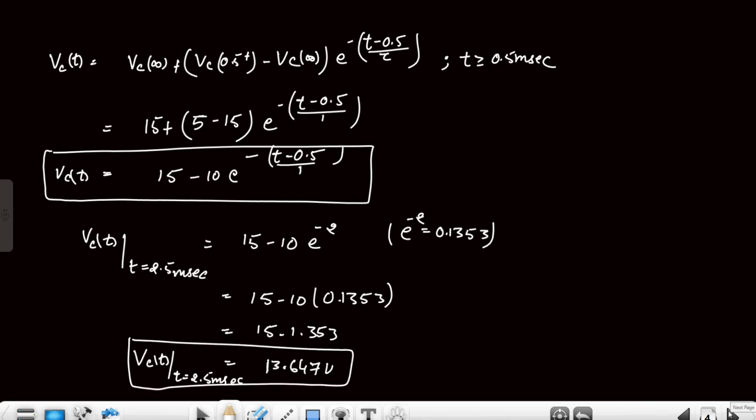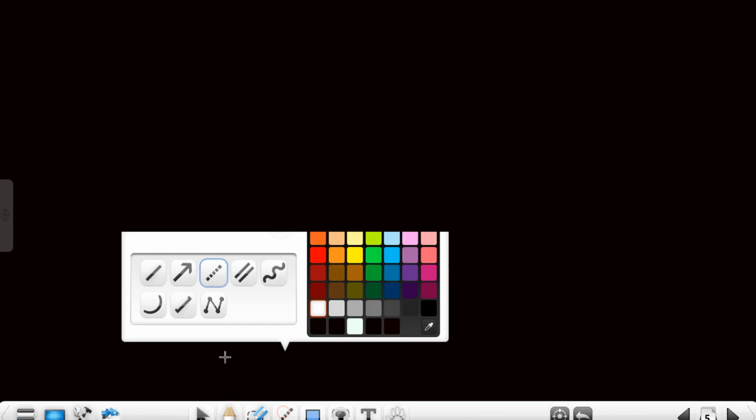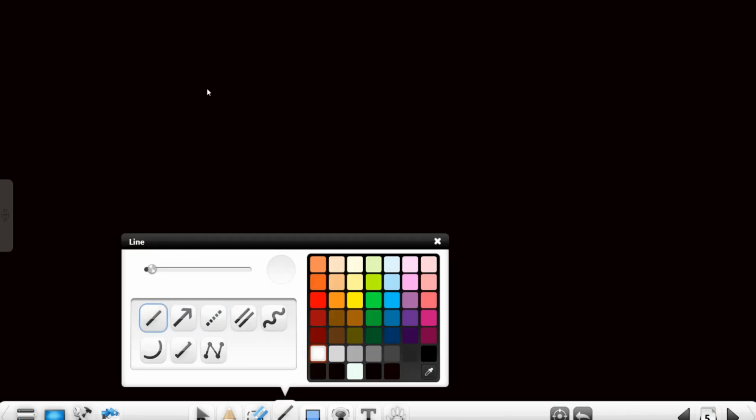So now we can draw the waveform of this capacitor voltage like this. This is VC(t), and this is the time instant in millisecond.